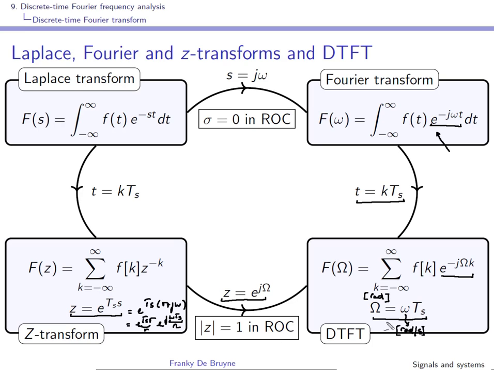So you can see indeed that this is the discrete frequency that we have been introducing in section 8, and you can see here that you can go from the z transform to the discrete time Fourier transform by simply writing this equation, and r equal to 1 has to be in the region of convergence. r equal to 1 is of course the unit circle.